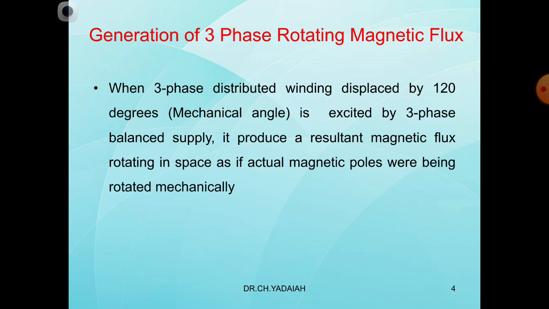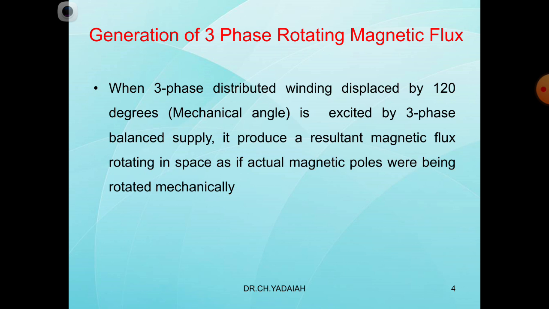As you know from the basics, whenever two similar poles come together, there is a force of repulsion, and when opposite poles come together, there is attraction. In this case also the same thing happens, which we already learned with the help of diagrams.